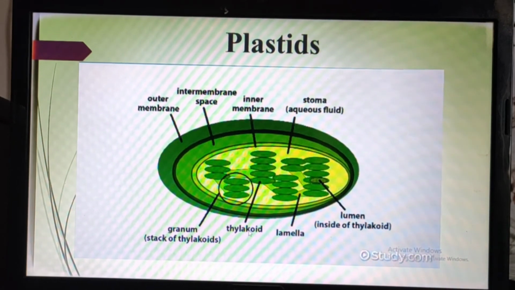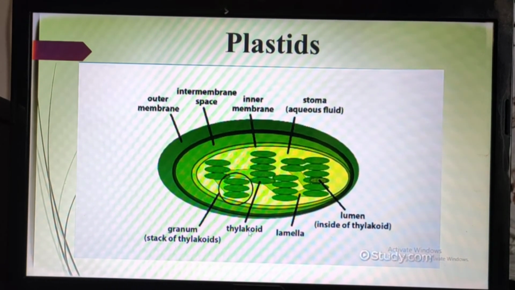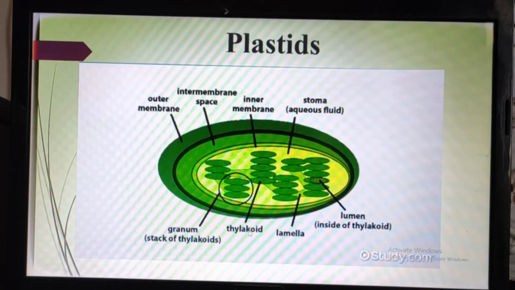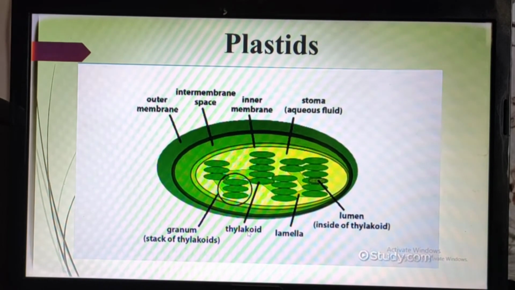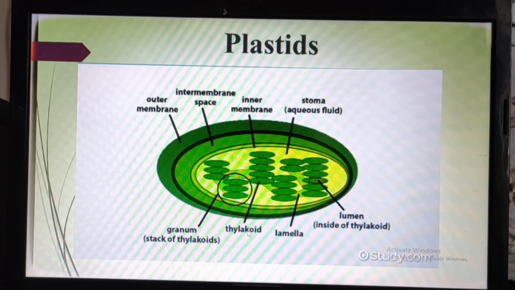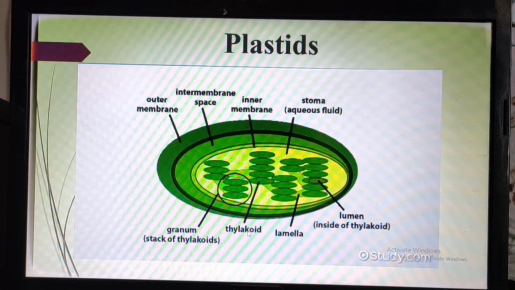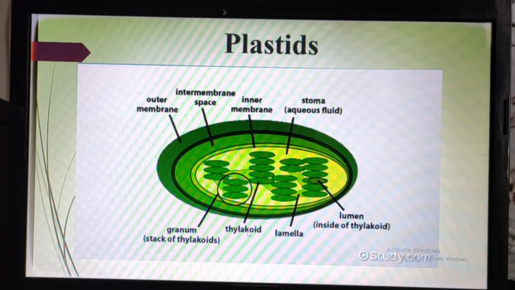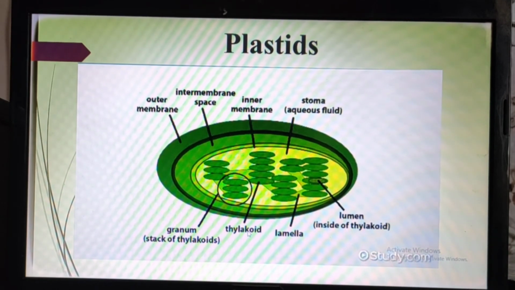And these grana are connected by small tubules called lamella. And the stroma is a matrix-like or semi-fluid structure, an aqueous fluid, called the stroma.